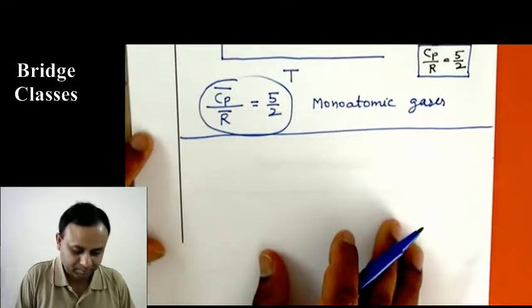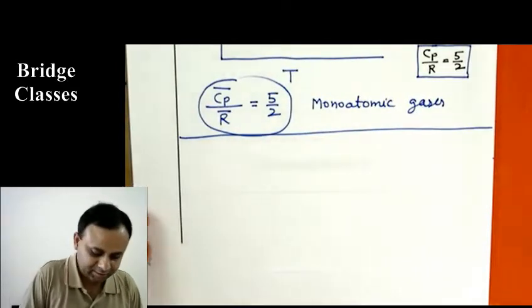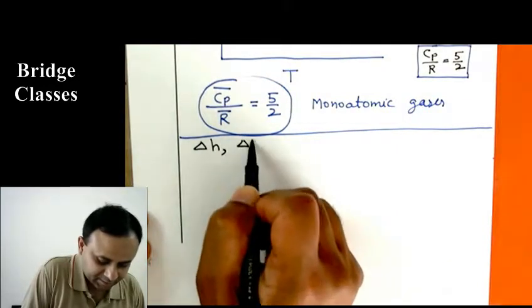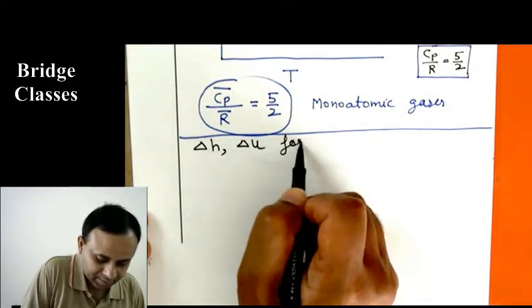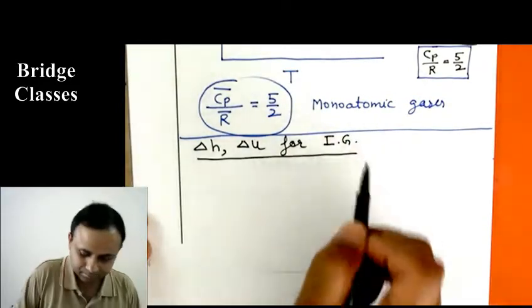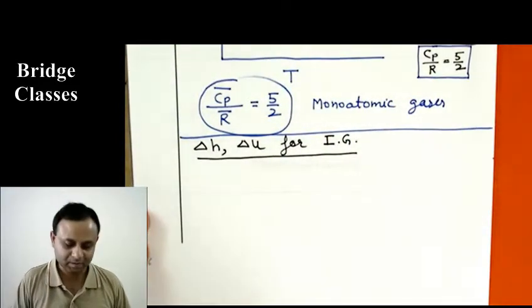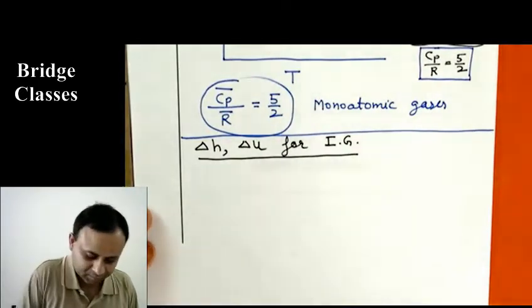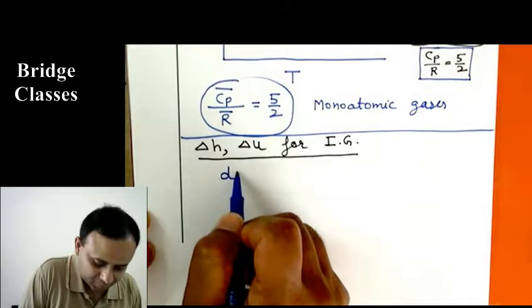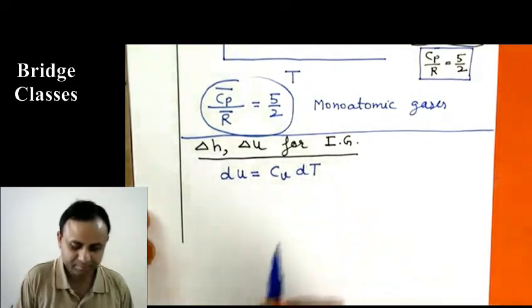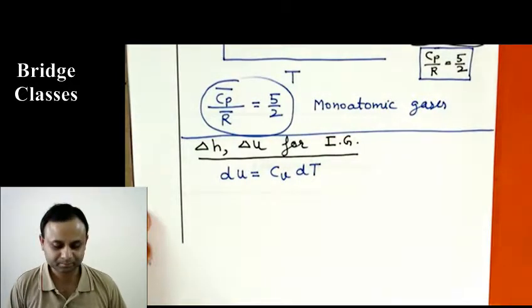Now let us see how to get change in enthalpy and change in internal energy for ideal gases. I already showed you that you get dU is Cv dT.